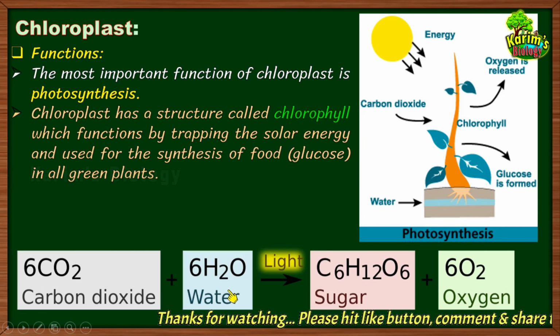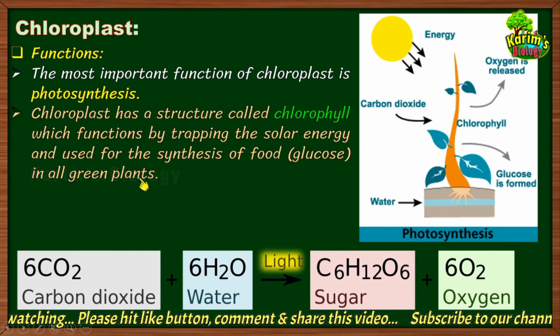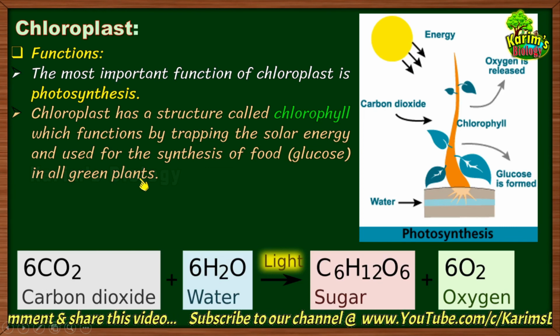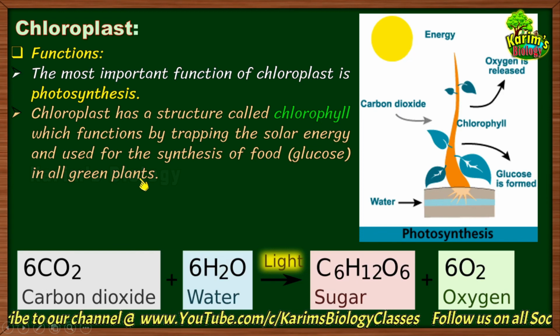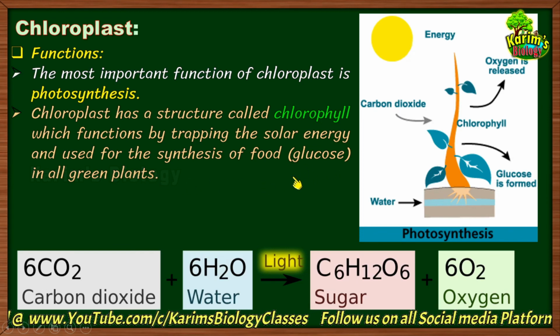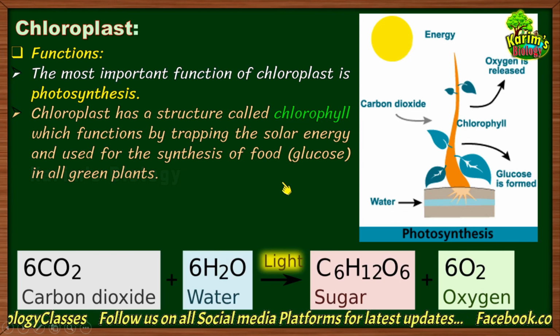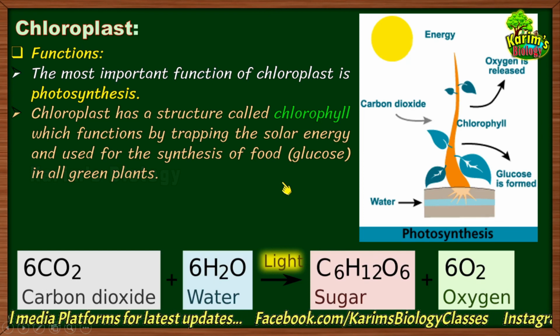The plants capture that energy with the help of chlorophyll. Okay, chlorophyll traps that solar energy, and chlorophyll can convert that solar energy into chemical energy. Later, that chemical energy will be used up to prepare the food material. This is how the chloroplast plays an important role during the process of photosynthesis and for preparing sugars.